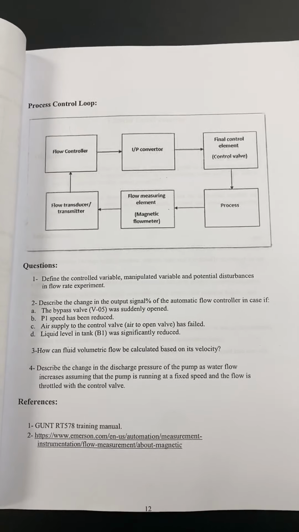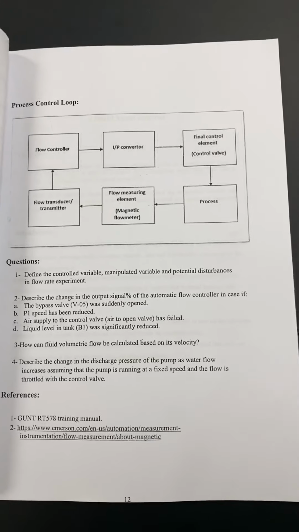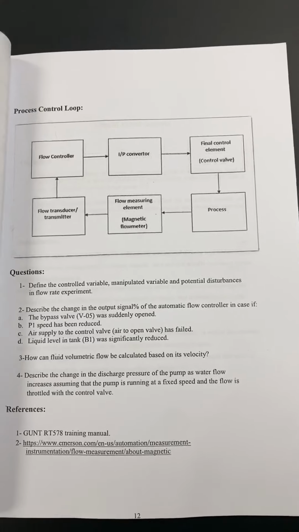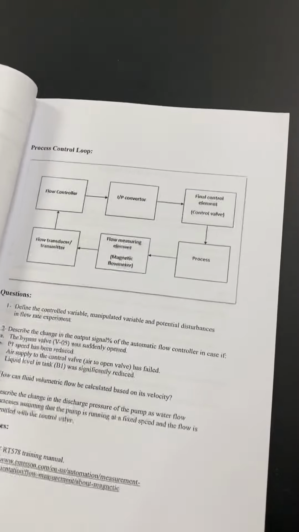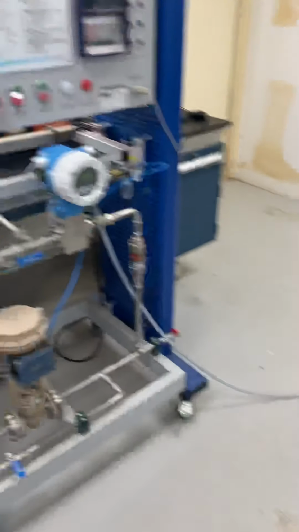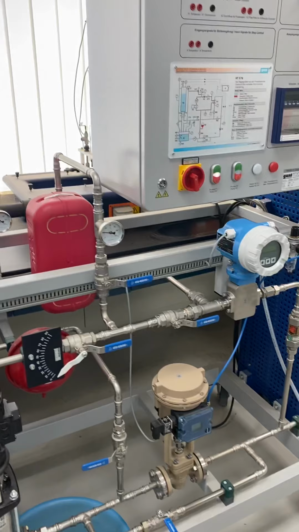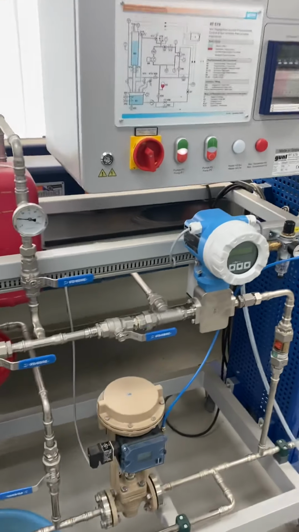So as an example, if one of the valves is originally closed and it was suddenly opened, like the bypass valve. Right? Now, a very simple demonstration here is for the flow rate control system.